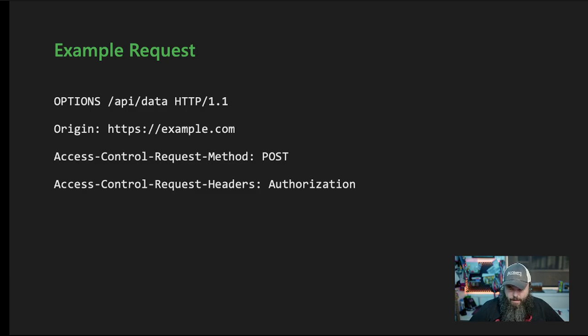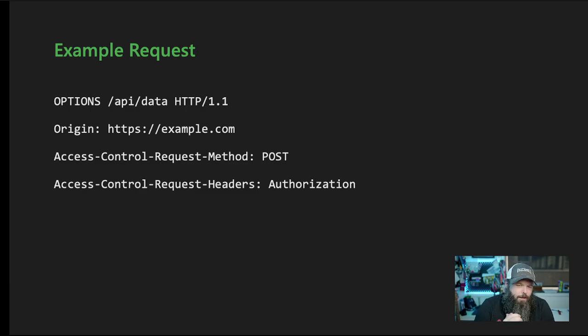Then the server sends back the access control headers that the browser can read and decide whether it's going to be able to read this response. If the answer is yes, it will go ahead and send the request and read the response. If the server denies it or fails to respond, then the browser blocks the actual request and throws a CORS error, and you'll see it in your JavaScript console.